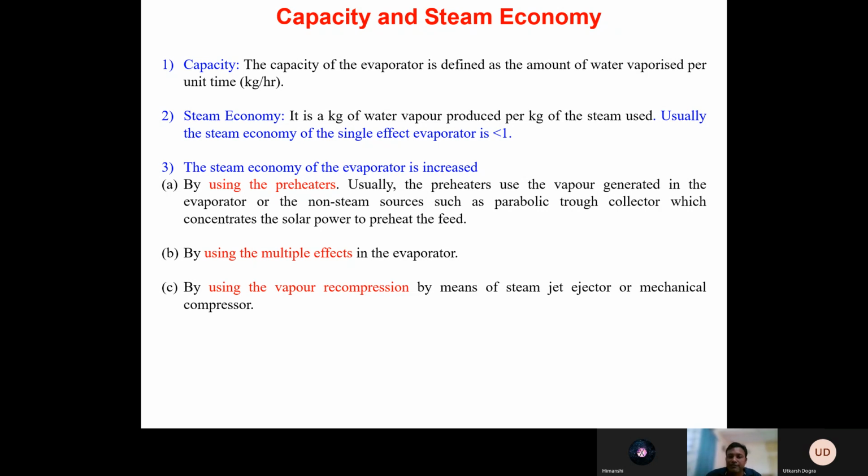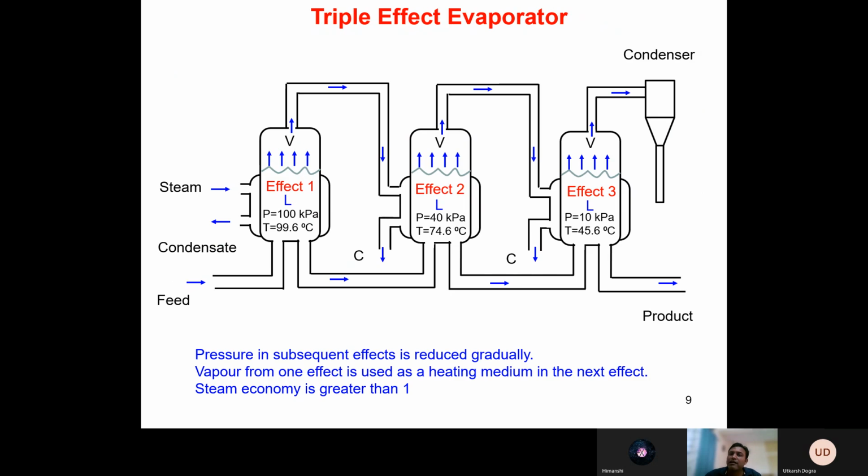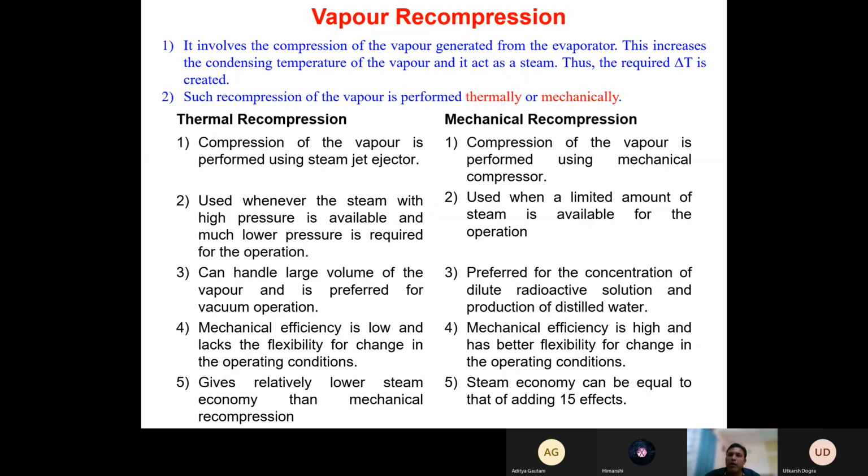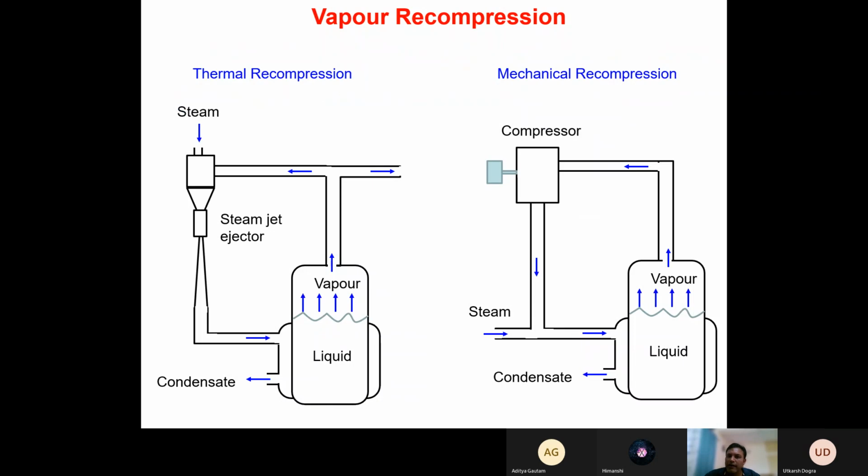These are the slight differences. Then we looked at multiple effect evaporators and different feed combinations: forward feed, backward feed, parallel feed, etc. Also we discussed vapor recompression. There are two types: thermal recompression and mechanical recompression. Thermal recompression uses a steam jet ejector if you have high pressure steam available. In mechanical recompression, a compressor is used for compressing the vapor.